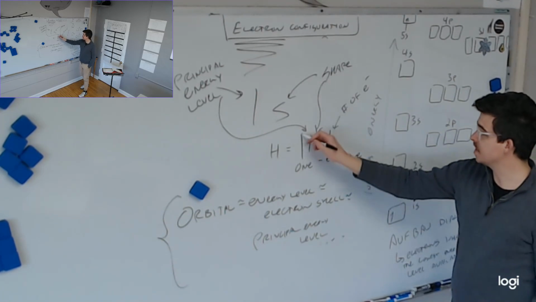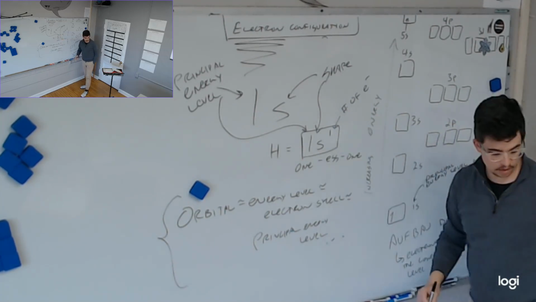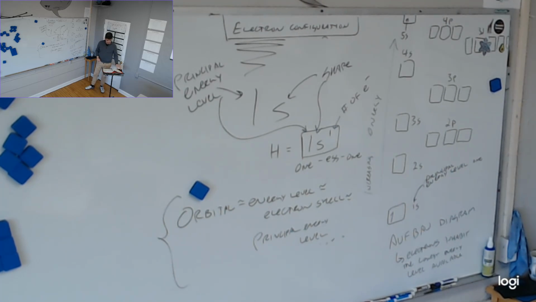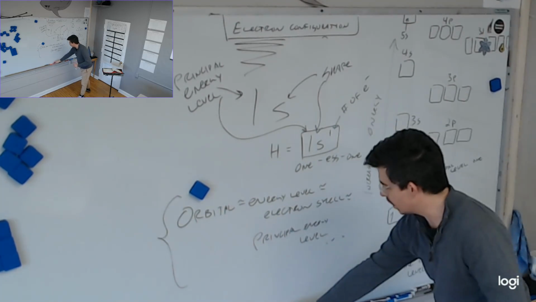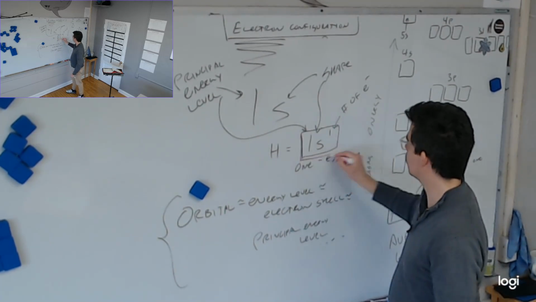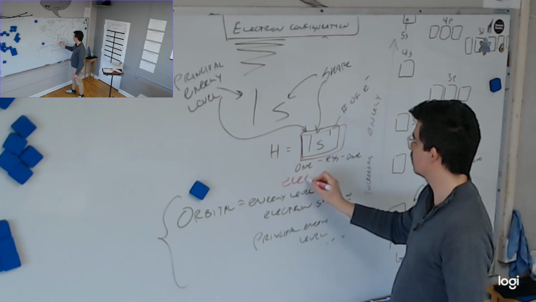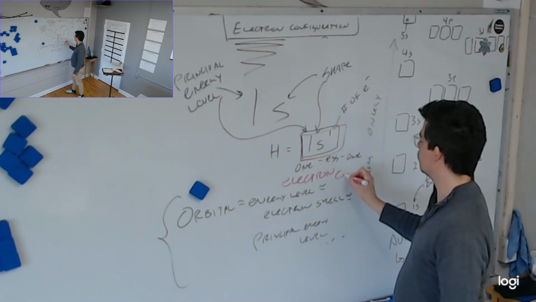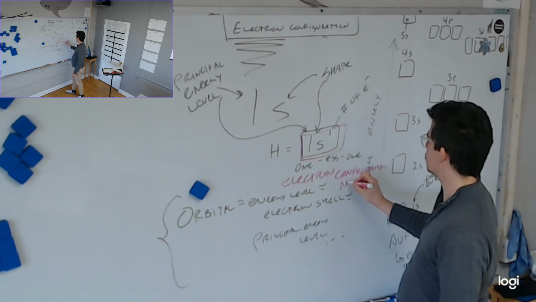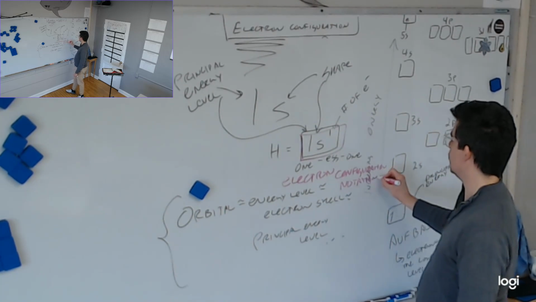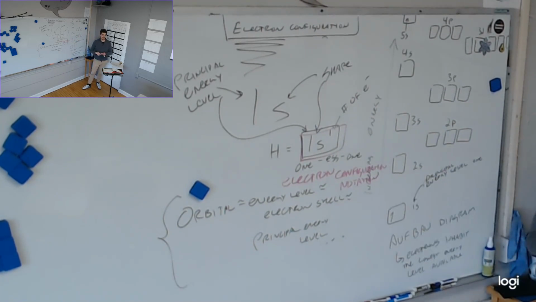So in this notation, which we call electron configuration notation, we get all the information we need about how the electrons are organized in hydrogen.